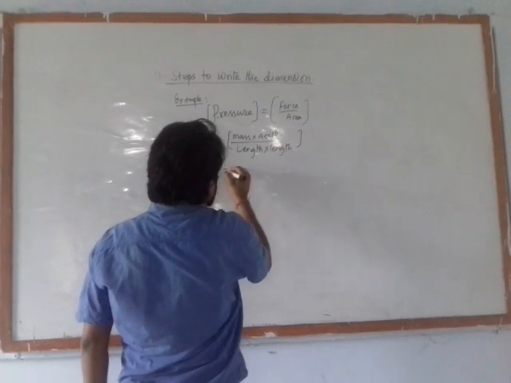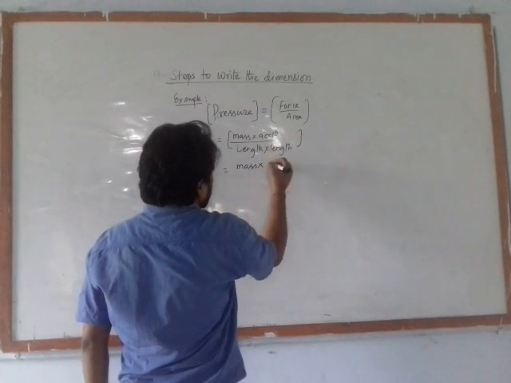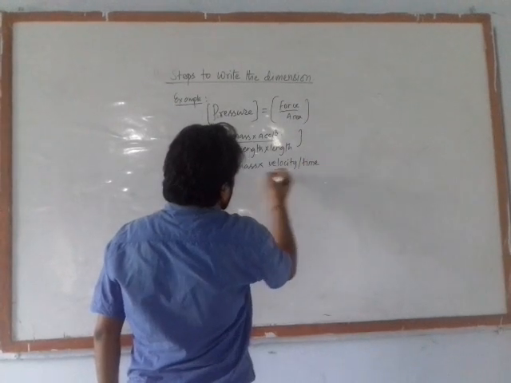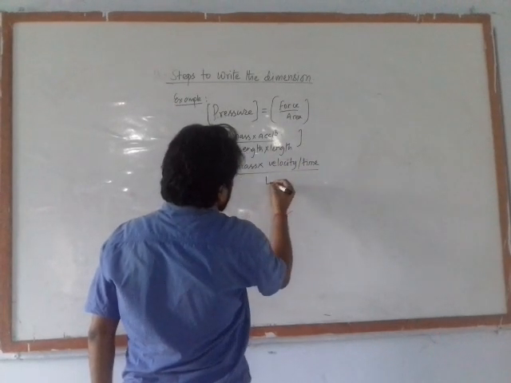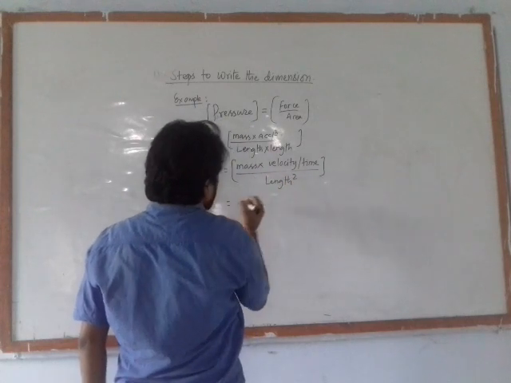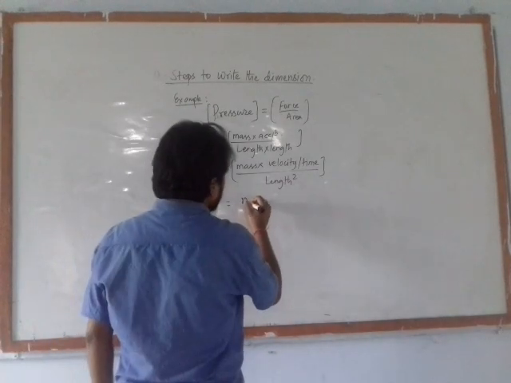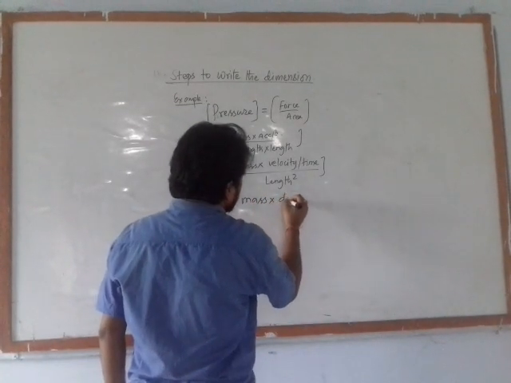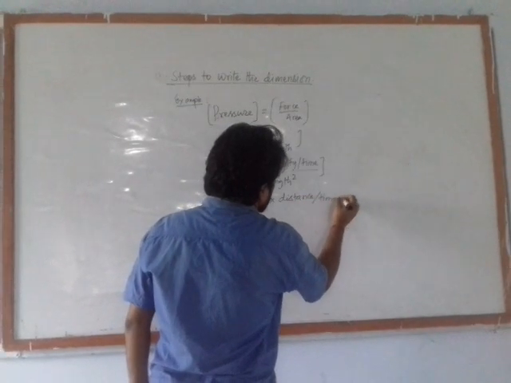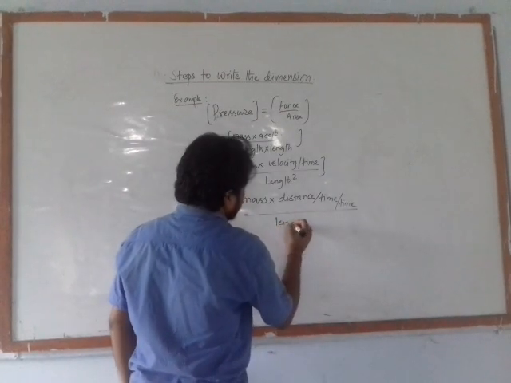So mass is already a fundamental quantity. Acceleration is velocity by time. Velocity is again distance by time. So mass into distance by time, and the whole by time again, so time will be squared, all divided by length square.